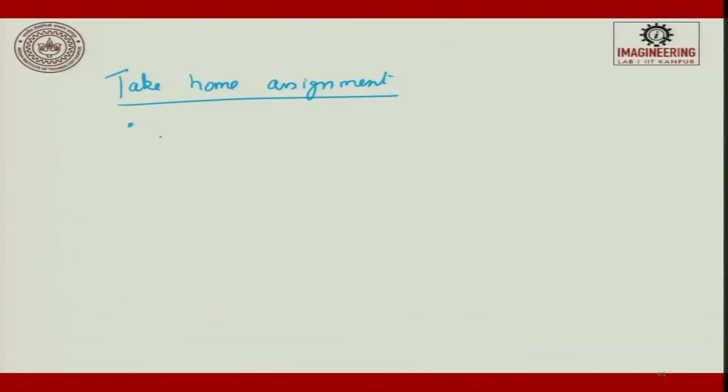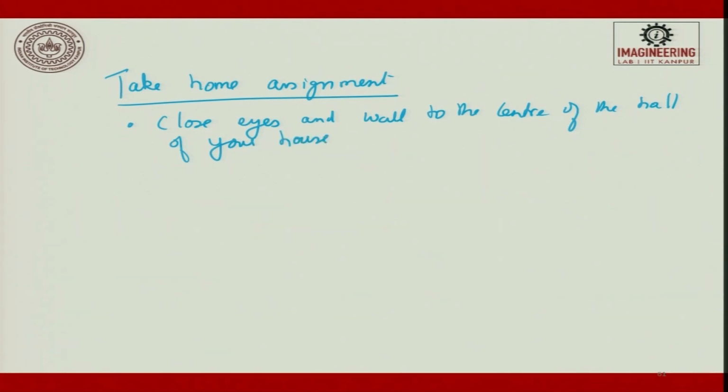First, close your eyes and walk to the center of the hall of your house. And now try to move around the house with measured displacements.